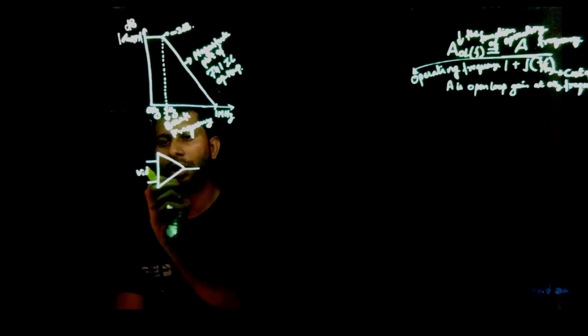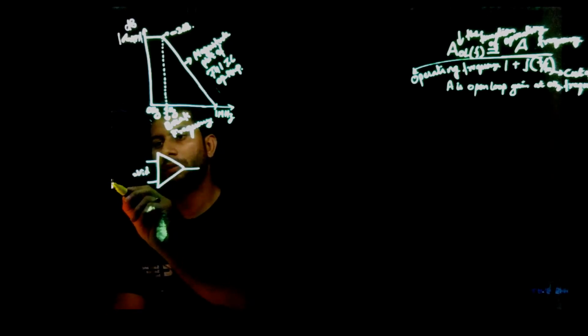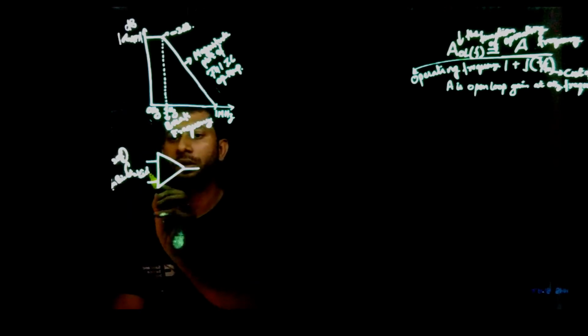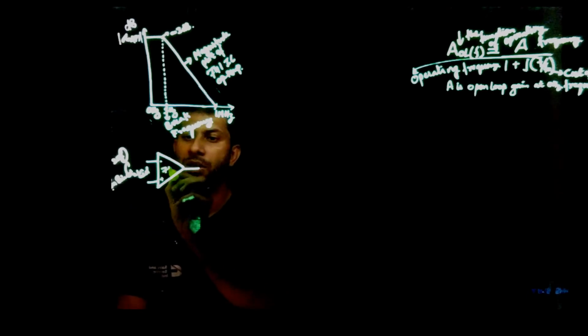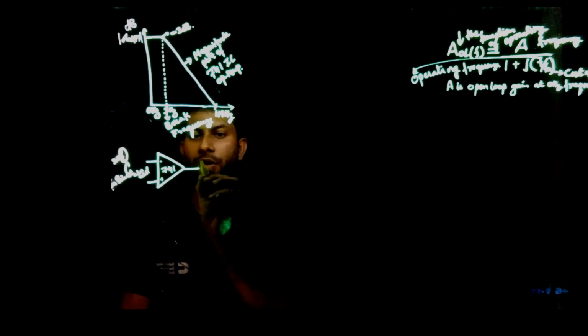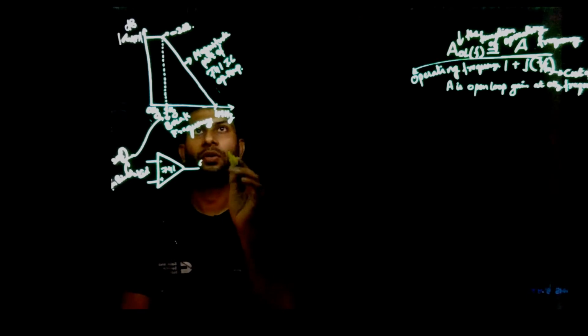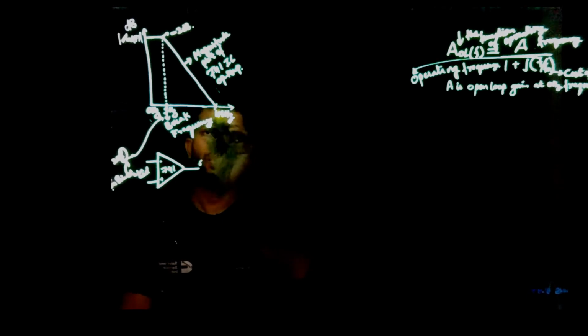If we apply V_ID, let it be V_in sine omega t, where omega is 2 pi f, as the differential input voltage to this operational amplifier 741 in open loop configuration, this f is on the x-axis of this magnitude plot, and this f is so large that we take a logarithmic scale.